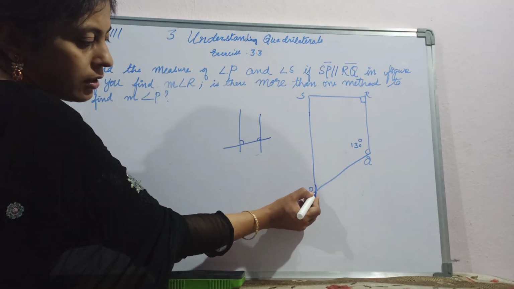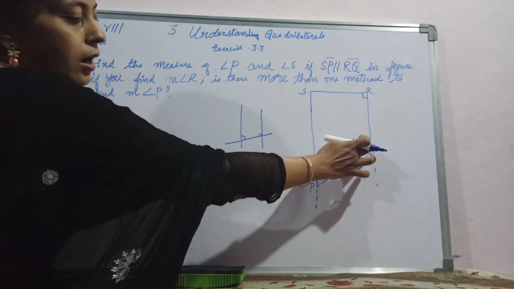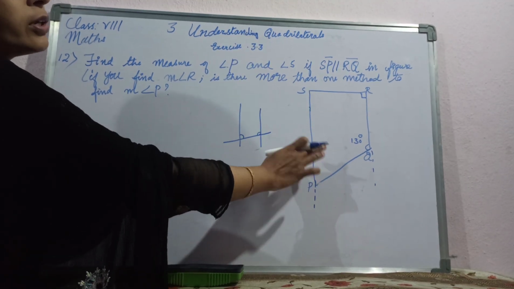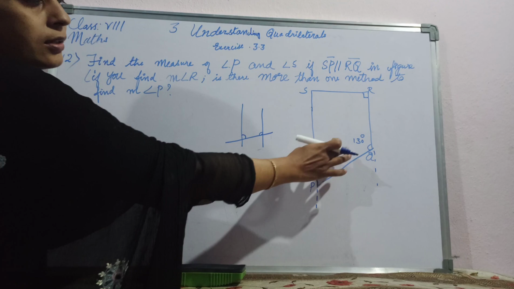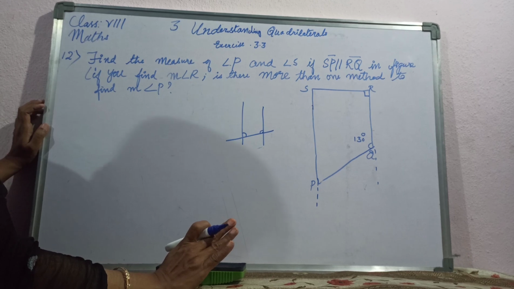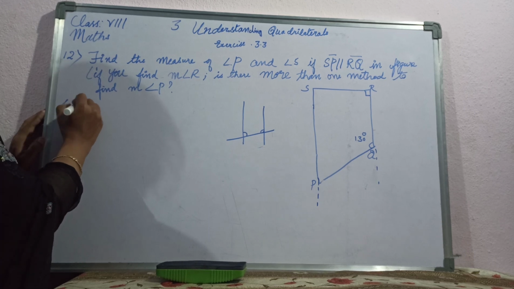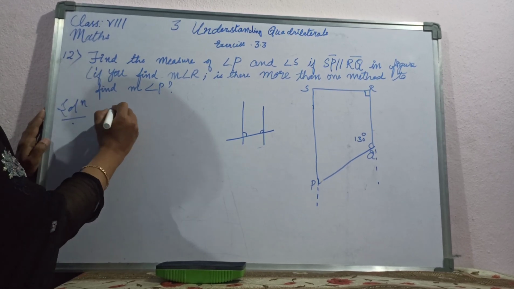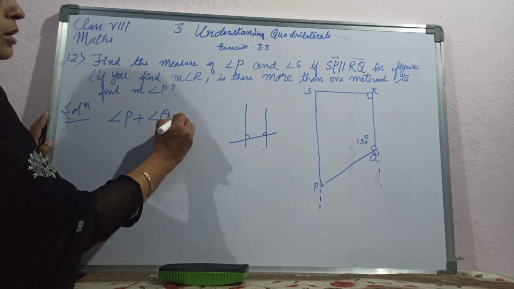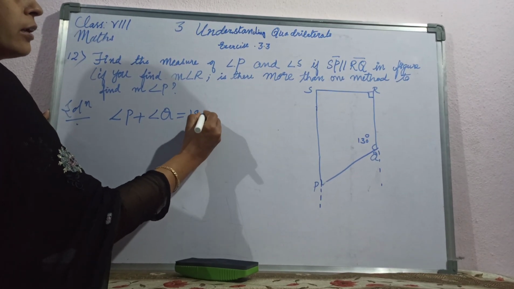If we see that these are the two lines, and we extend them, and this is the transversal, and here are the two angles, and these two lines are parallel to each other, it is already given. On that basis we can say that these two angles are supplementary, or they together form 180 degrees. So what we can take up is angle P plus angle Q is equal to 180 degrees.